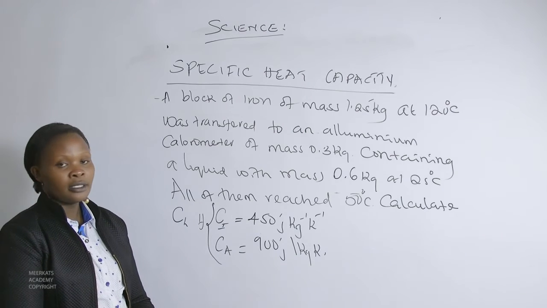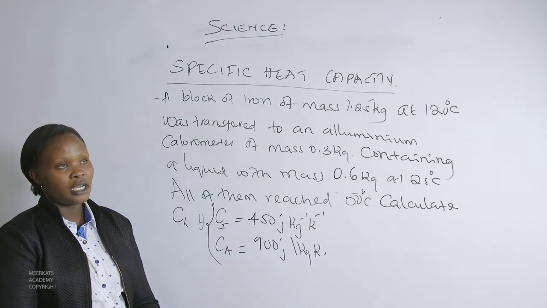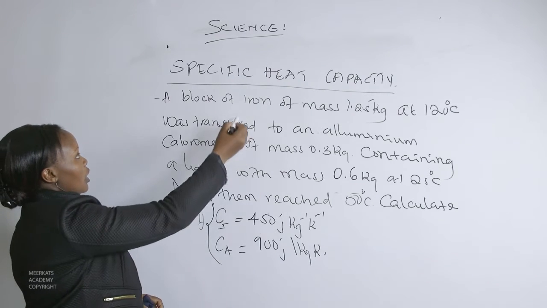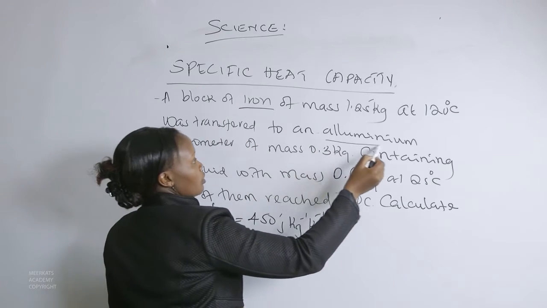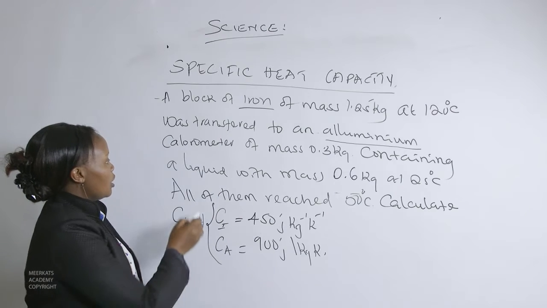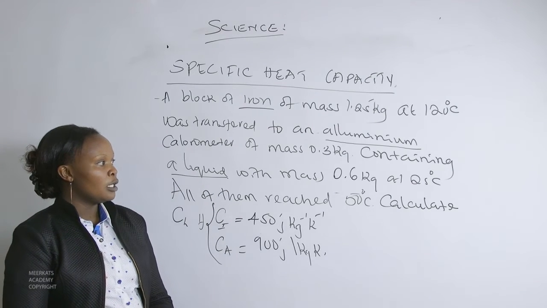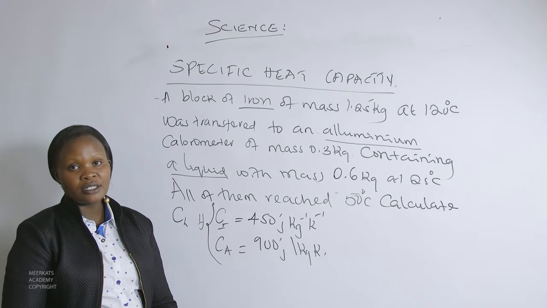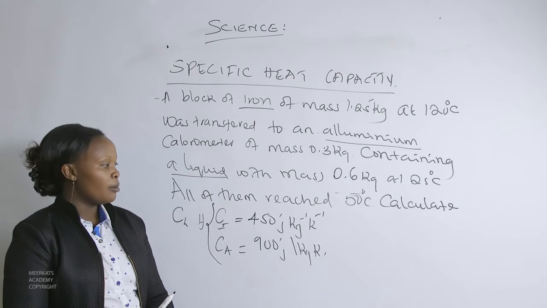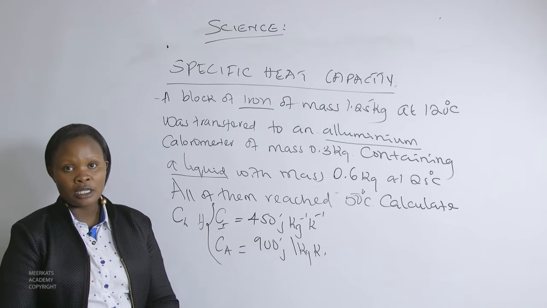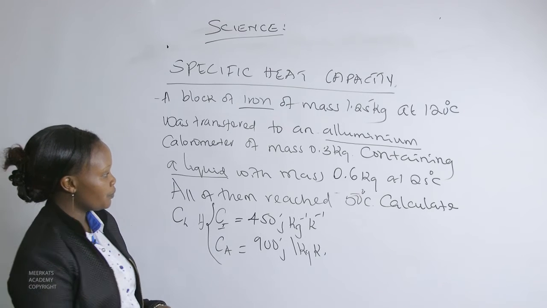Here you understand that we are interacting with three different items. Number one, we have the iron block. Then we have the aluminium calorimeter. And finally, we have the liquid in the calorimeter. We are supposed to come up with the specific heat capacity of the liquid given the information that we have. Now, let us write down what we have.